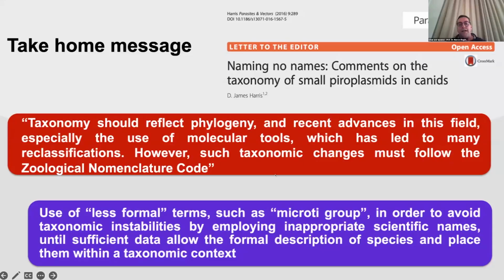And finally, we strongly suggest the use of less formal terms such as South American marsupial group, South American rodentia group, capybara group, in order to avoid taxonomic instability by employing inappropriate scientific names until sufficient data allow the formal description of species and place them within a taxonomic context.